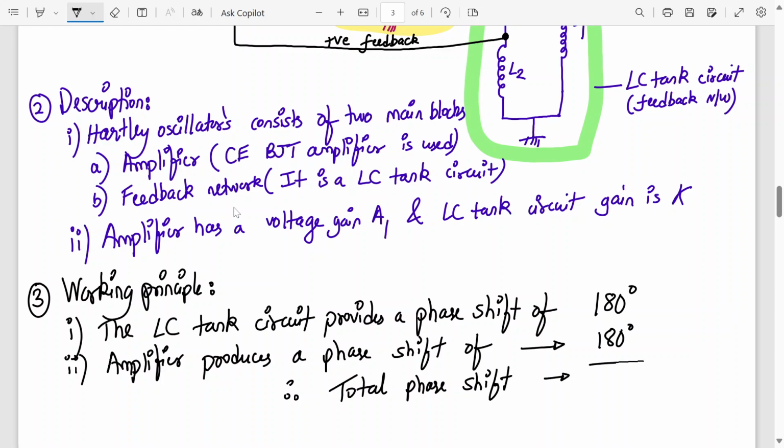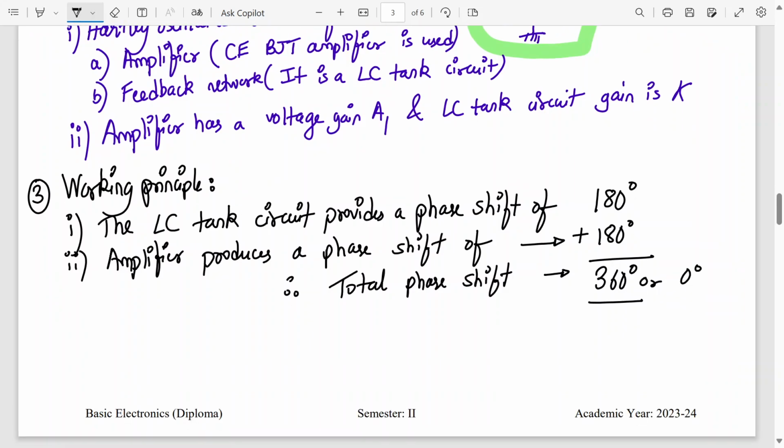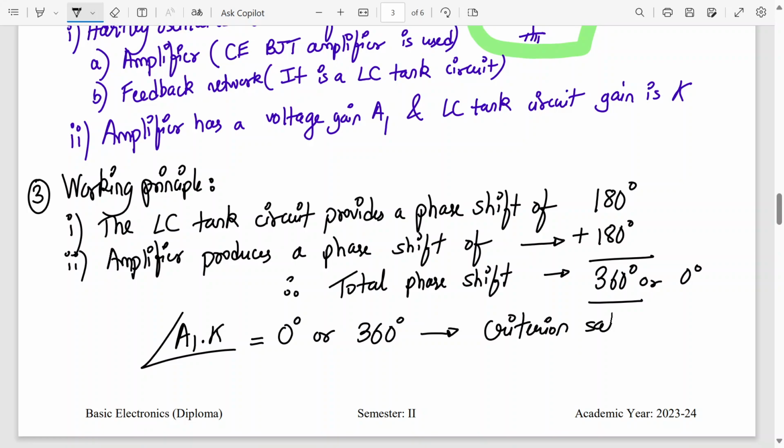Can you tell me? 180 plus 180, that is 360. Okay, so our number one Barkhausen's criterion is satisfied. That is, the phase shift between the amplifier and the feedback network should be 0 or 360 degrees. So this criterion is satisfied.